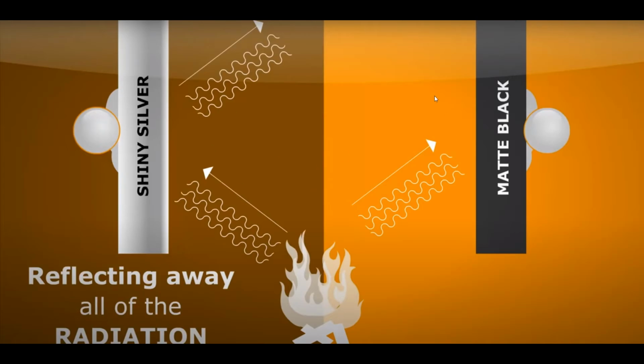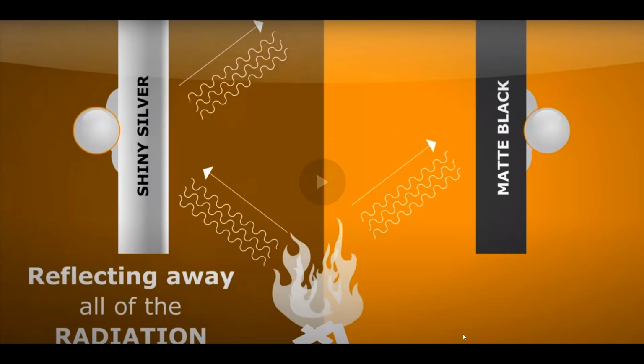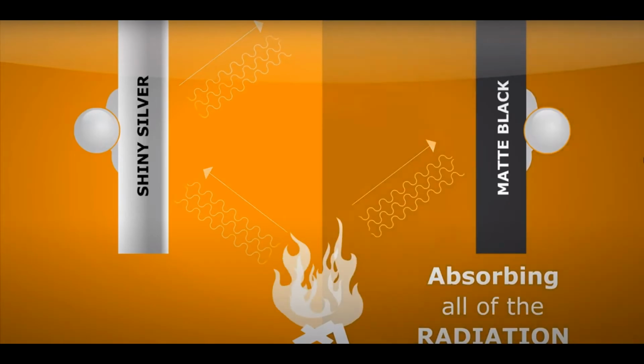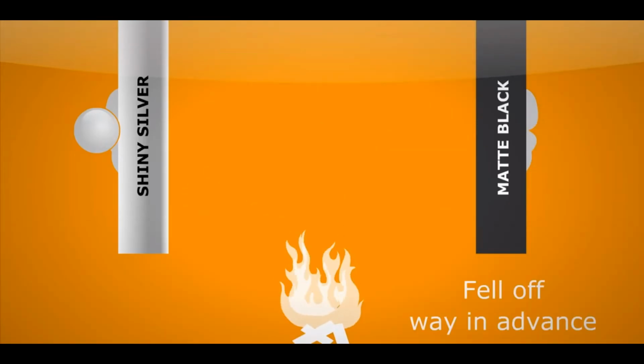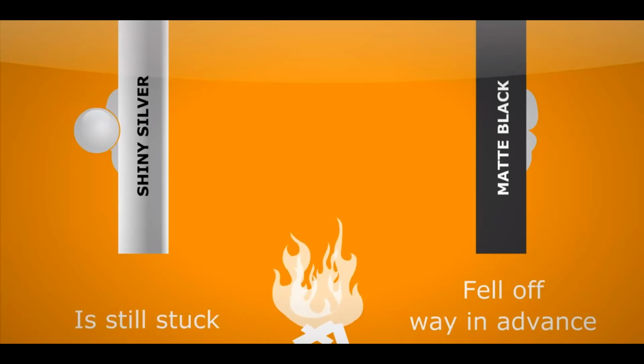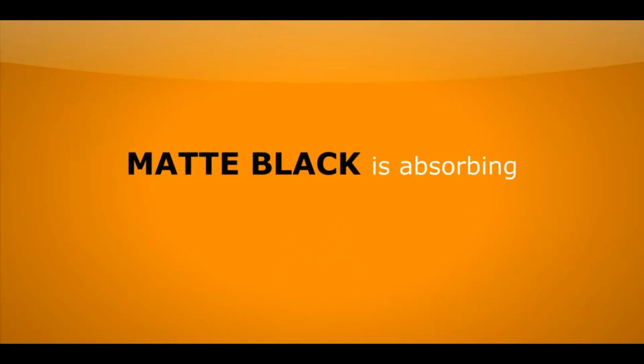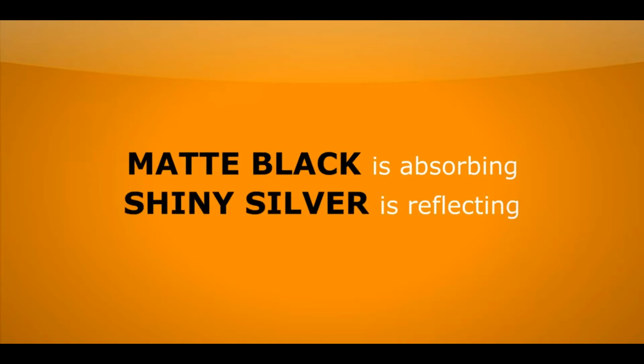That's why it still gets hot eventually. The matte black fell off way in advance of the shiny silvery one. The shiny silvery one's still pretty stuck on there. And we can see why. It's because matte black is absorbing all that radiation, shiny silvery is reflecting it.